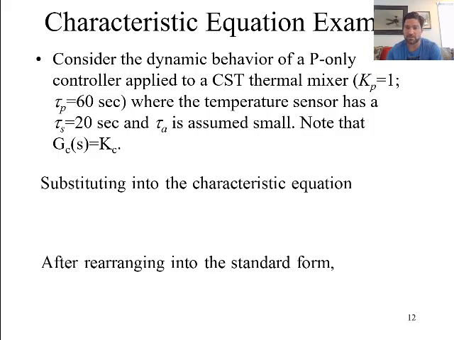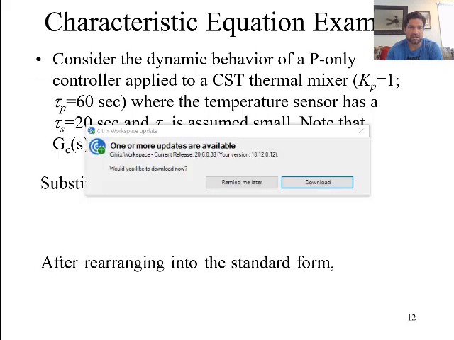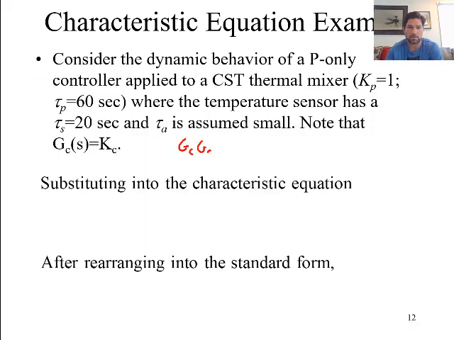I'm going to take the characteristic equation. The characteristic equation for this process is GC, GA, GP, GS plus 1. What are we told? We're told the process has a Kp and a tau p of 60, so that means it's a first order process.